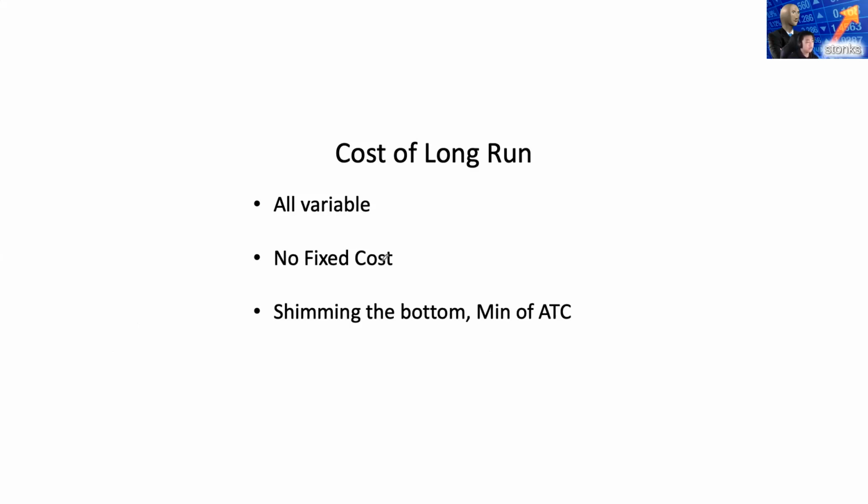I can build as many factories as I want, and there's no fixed cost because it can increase or decrease. We're going to talk about this in the next slide.